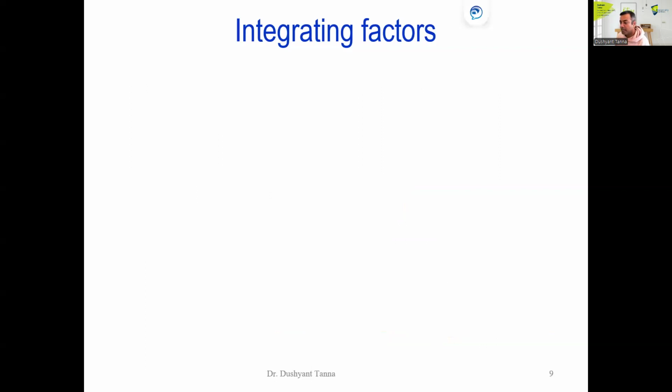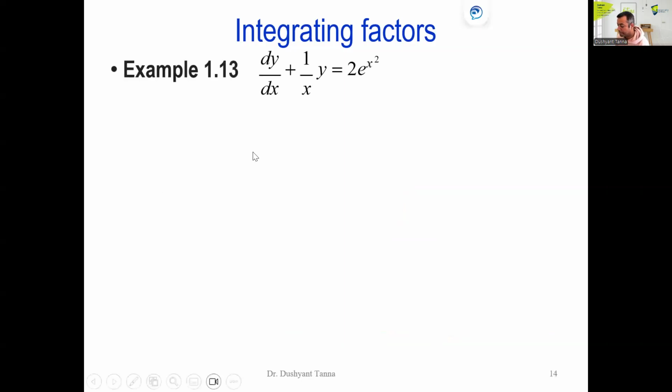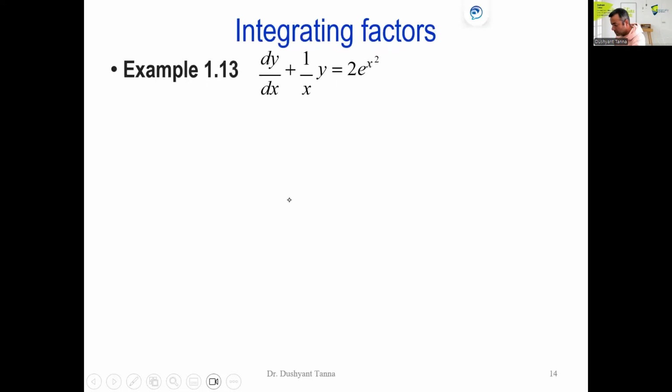Right, let's look at an example. dy by dx plus 1 over x times y is equal to 2e power x squared. Your q x is a healthy term, right? Now, let's take it step by step, right? Okay.